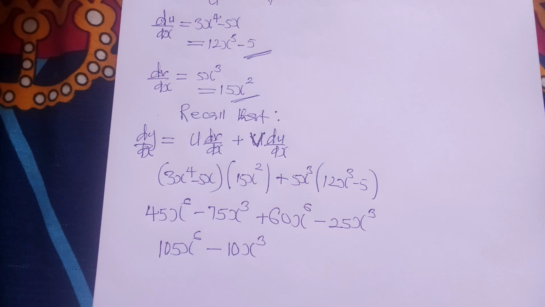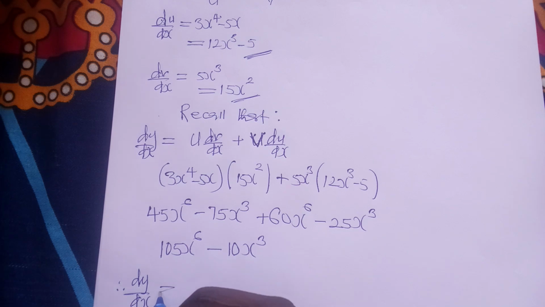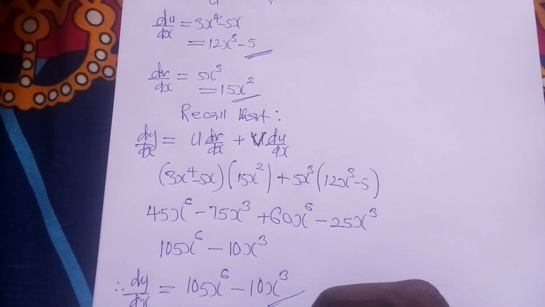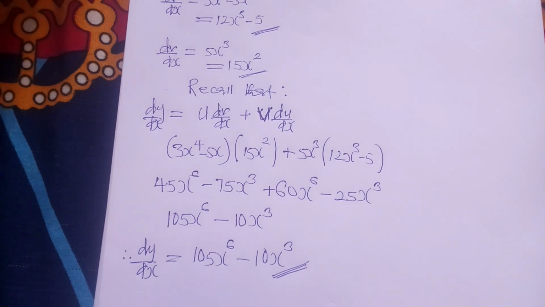Okay, now from this point we can say our dy upon dx is equal to 105x raised to the power 6 minus 100x raised to the power 3 respectively. So this is our dy upon dx, meaning this is our first derivative.